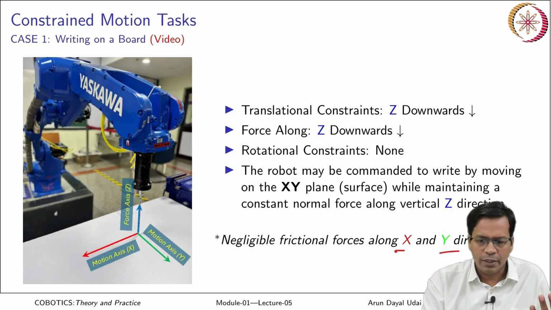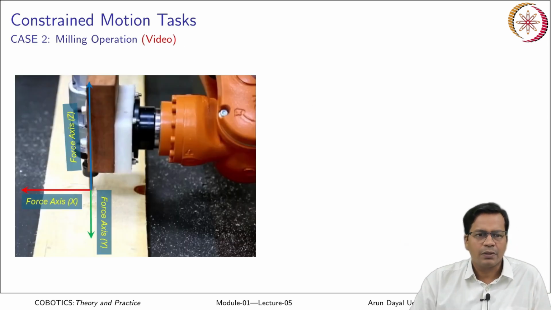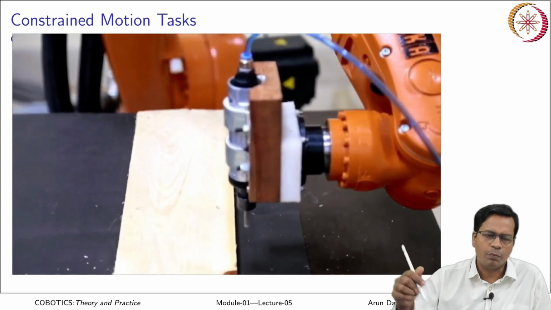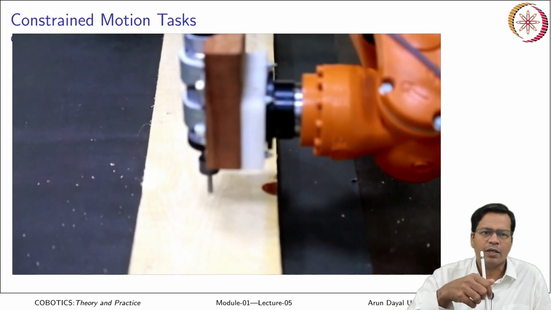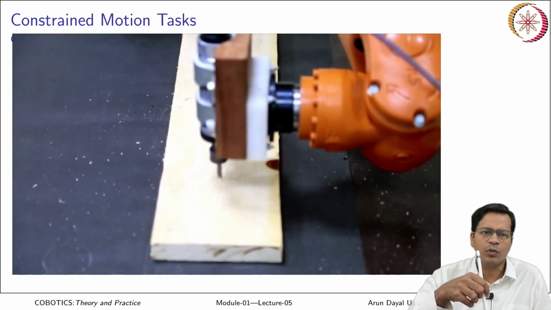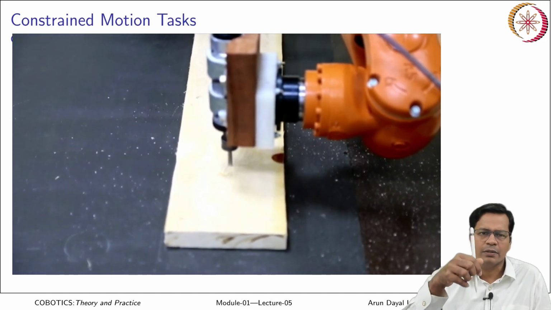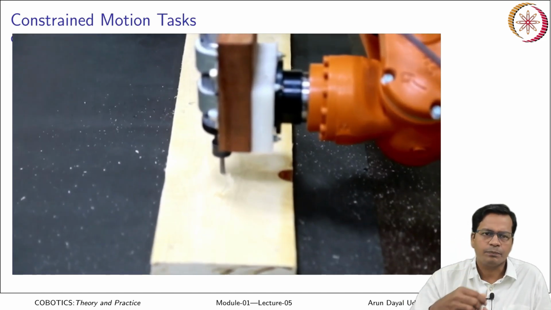Okay. So, the next one is the case of milling. Let me show the video once again here. This is a milling operation where a robot is taken to one end of the board, that is, this is the wooden board with a pneumatic drilling machine, and you have an end mill fitted there.